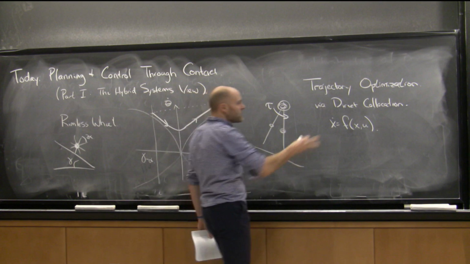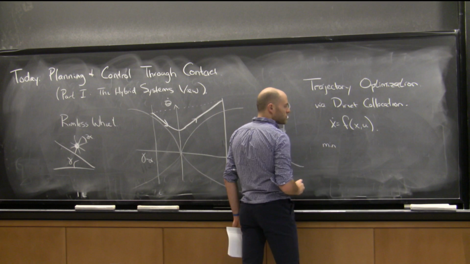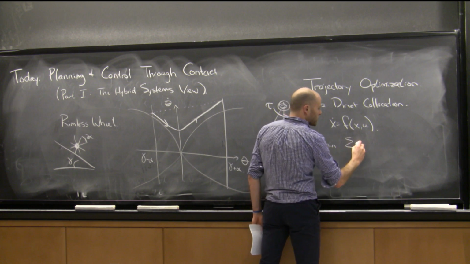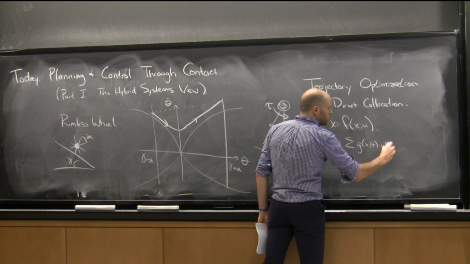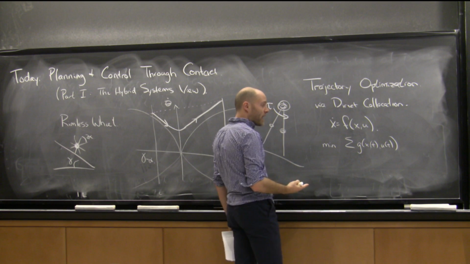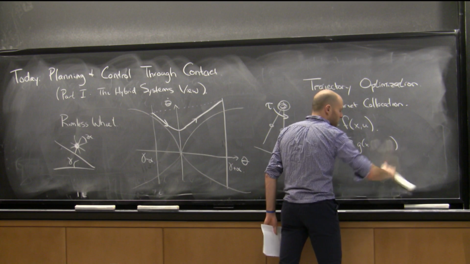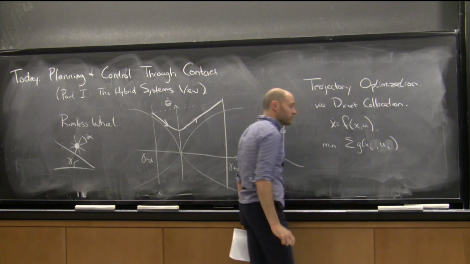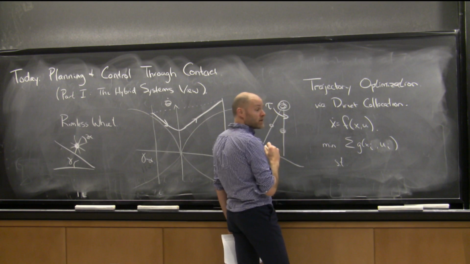Then in direct collocation, I was able to formulate an optimization which said minimize, for instance, the sum over my time samples of some cost function, which I can replace with actually the decision variables of that optimization at each knot point, subject to the direct collocation constraints, right?